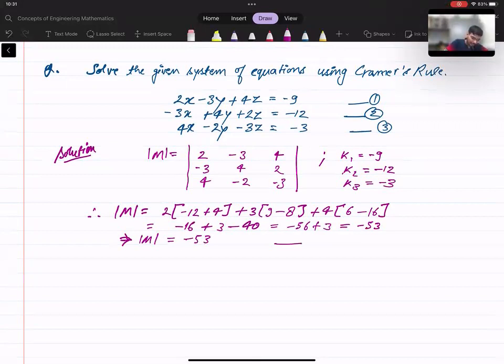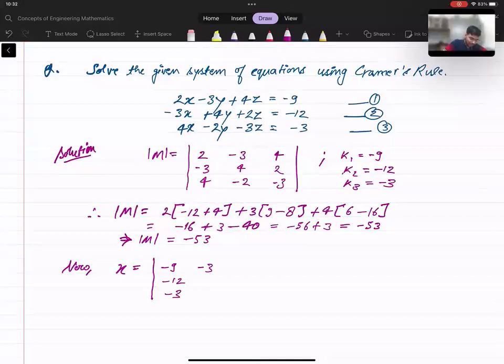So therefore, now x is nothing but replace the coefficients of x in determinant m by k1, k2 and k3. Okay, so here we will have minus 9, minus 12, minus 3, and the remaining portion will be unchanged.